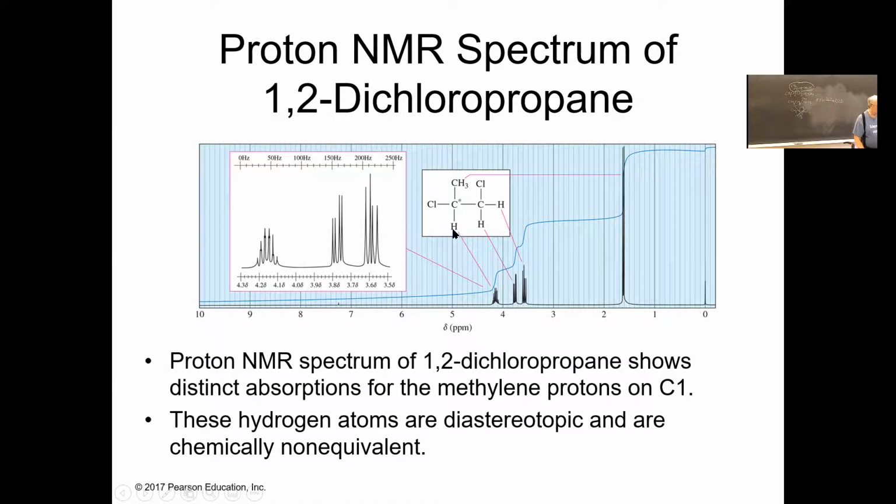This hydrogen is split by the methyl, and it's also split individually by each one of these, so we get a multiplet. And these two are not equivalent. They're split by this one on the neighboring carbon. They're also split by the one on the same carbon. So we get a more complex splitting that takes place.